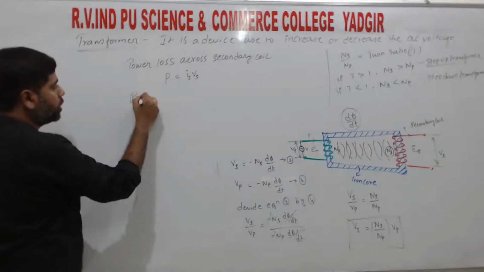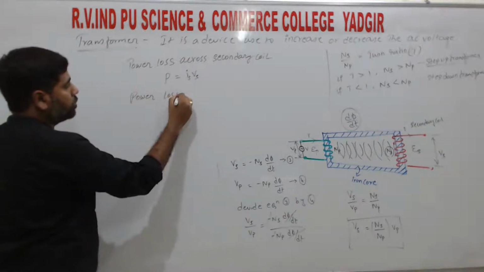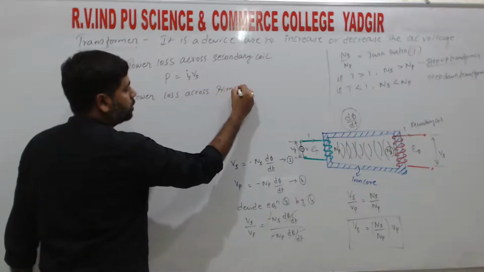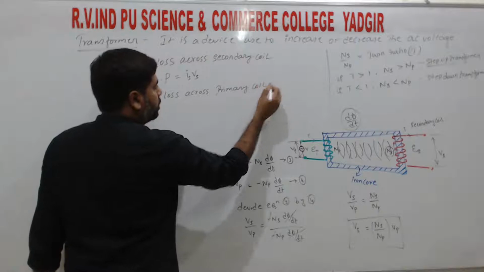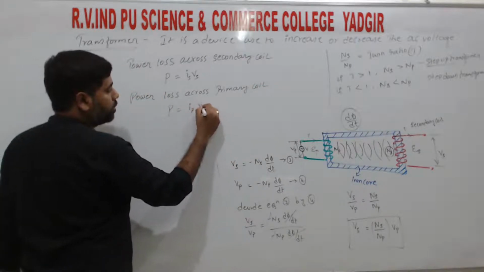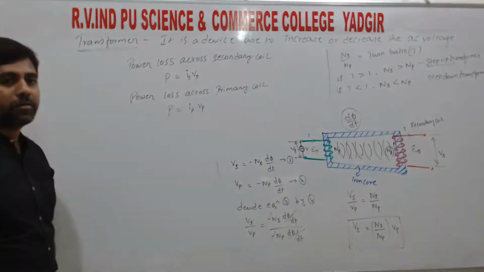So similarly power loss across the primary coil, that is P is equal to Ip Vp, right?